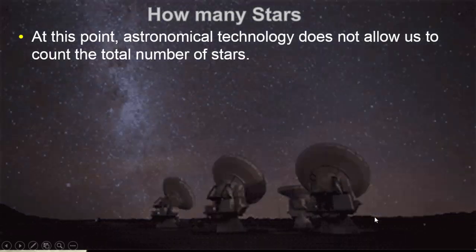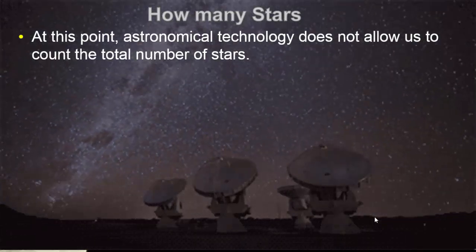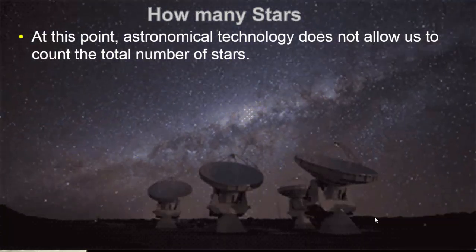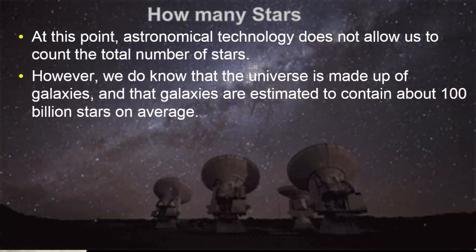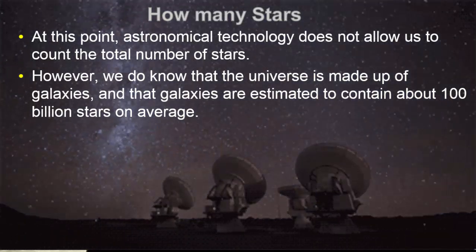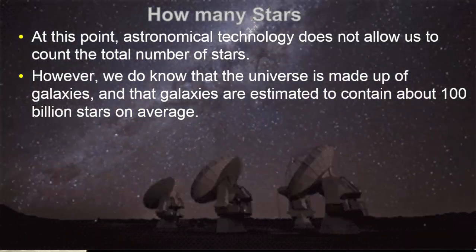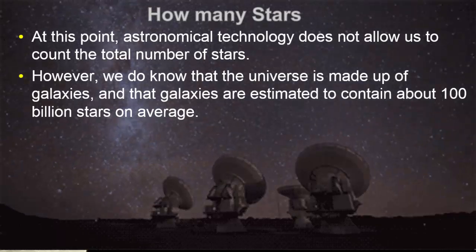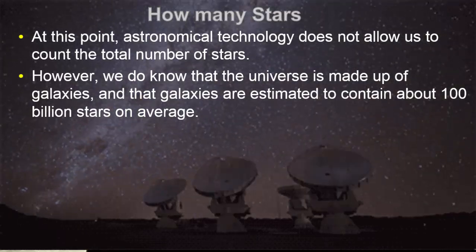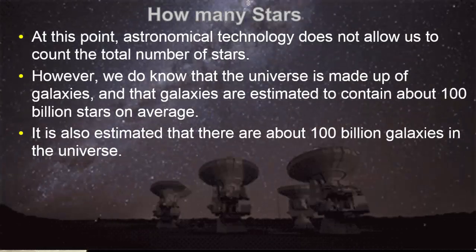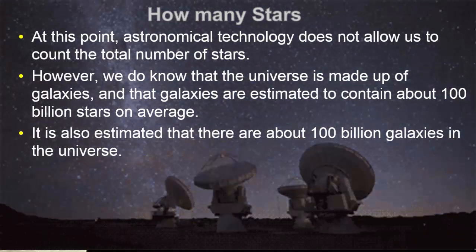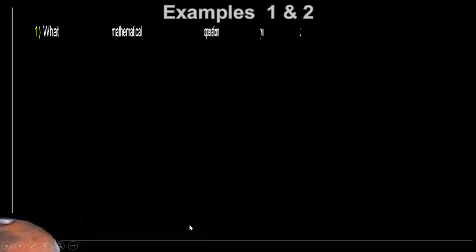At this point, astronomical technology does not allow us to count the total number of stars. However, we do know that the universe is made up of galaxies, and that galaxies are estimated to contain about 100 billion stars on average. It is also estimated that there are about 100 billion galaxies in the universe.